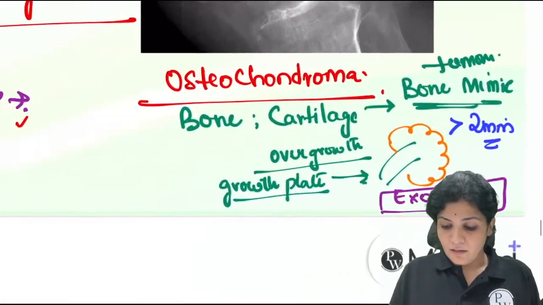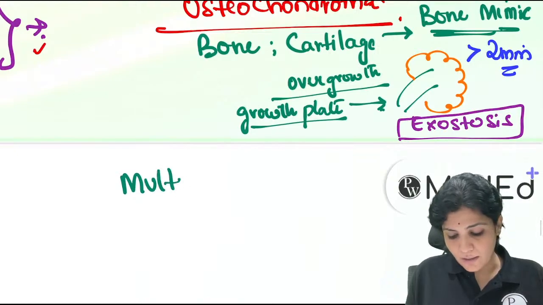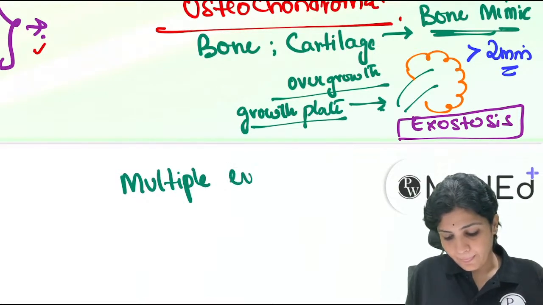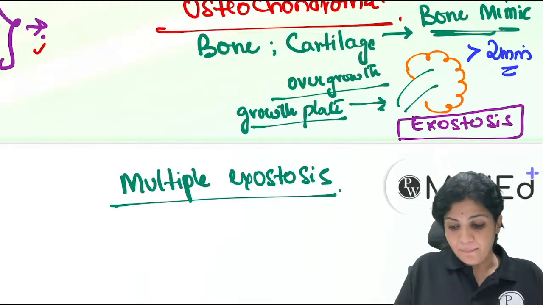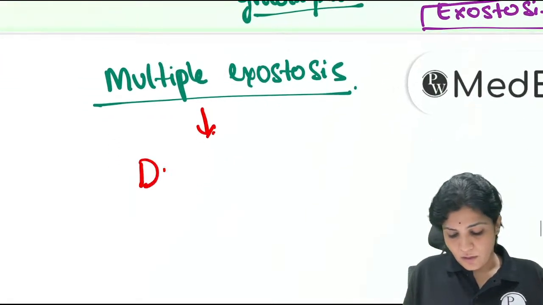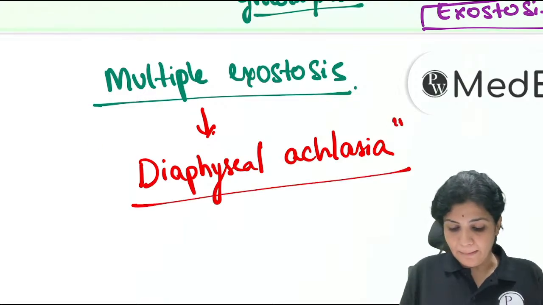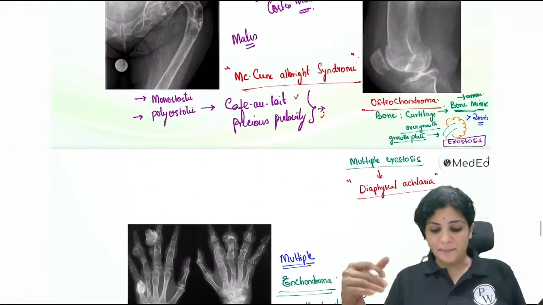Multiple osteochondromas or multiple exostosis is called diaphyseal aclasis.